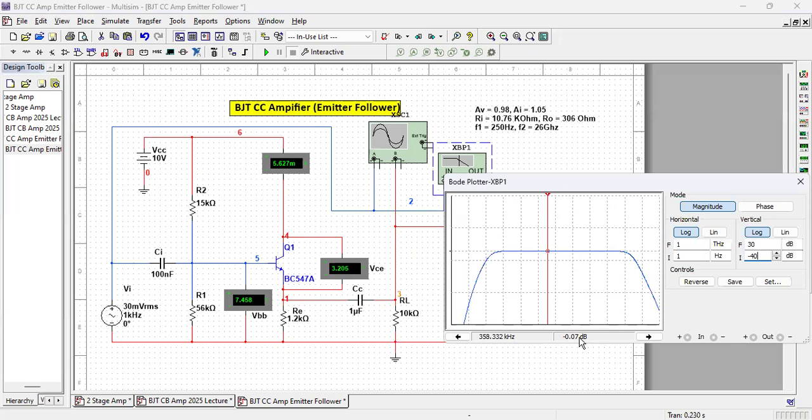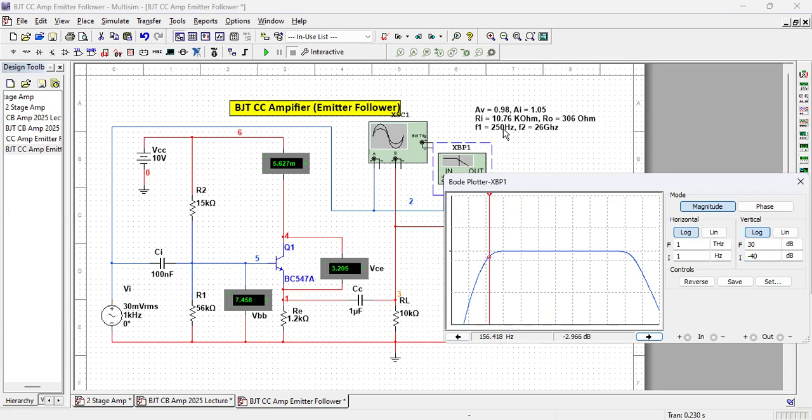So what are the 3 dB points? Let us consider this as 0. So we should see minus 3. We shall find out minus 3. This is minus 2.966, so minus 3. And the frequency is 156.418, say 156 hertz.